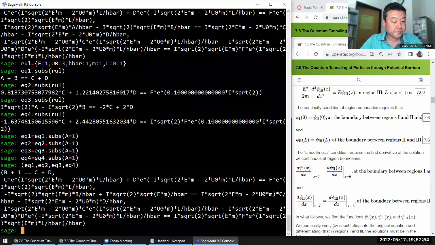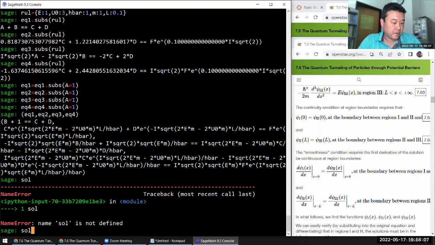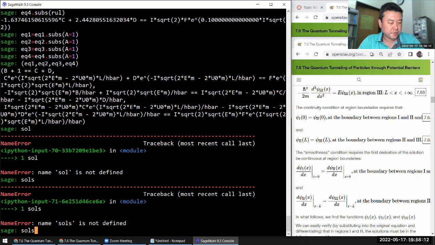Now, when I have these equations, they should now be equations in terms of 4 unknowns. So this is what I can do. I can get a solution. I haven't used Solve yet, right? Okay. So solutions.